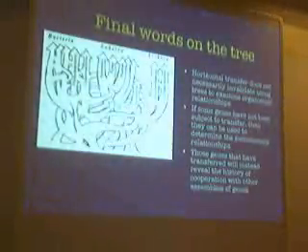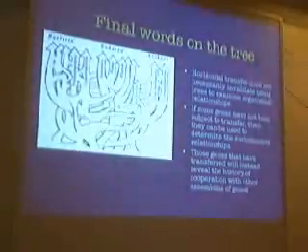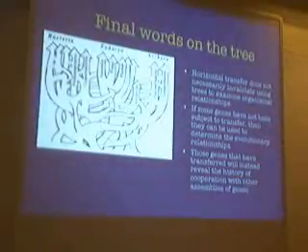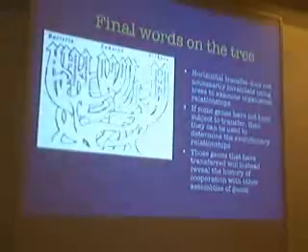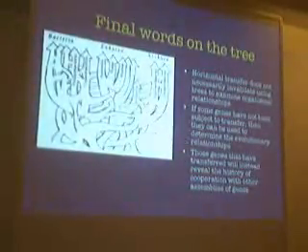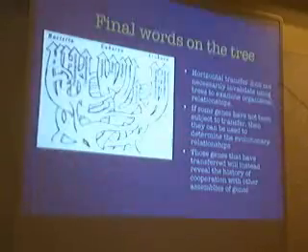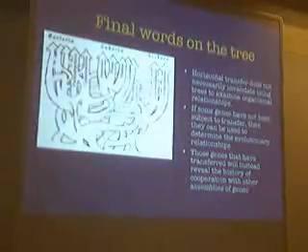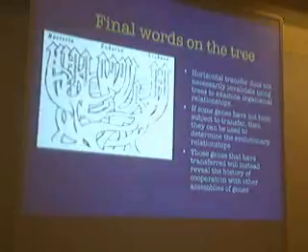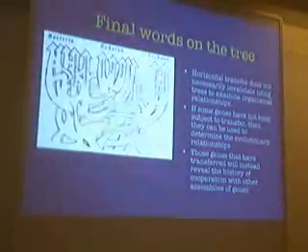So if I then, in my final slide, say a few concluding remarks about the tree. While certainly there's been panic about horizontal transfer and what it will do to the tree, it may not necessarily invalidate using trees to examine the relationships between organisms. Okay? There's no requirement that all the genes have been inherited vertically.